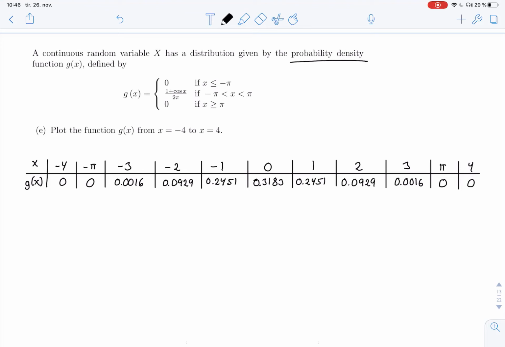And we are asked to plot the function from x equals to minus 4 to x equals 4. Okay, so below minus pi and above pi, it is 0. And in between, we have this strange thing here.